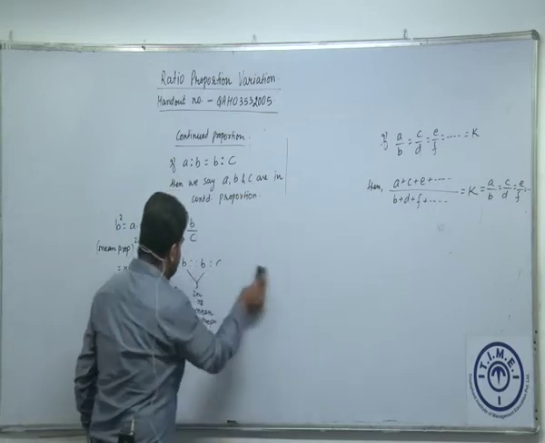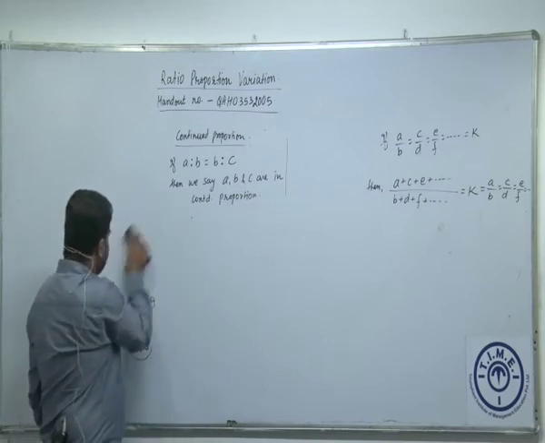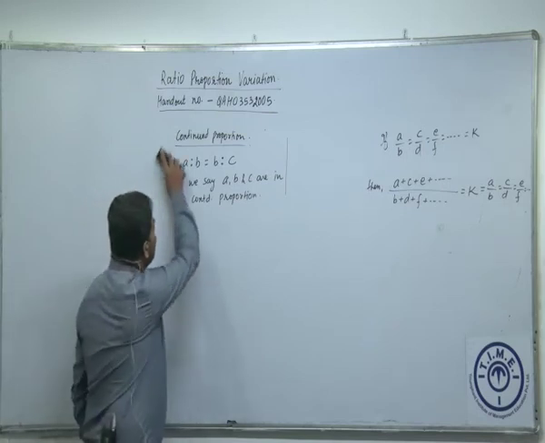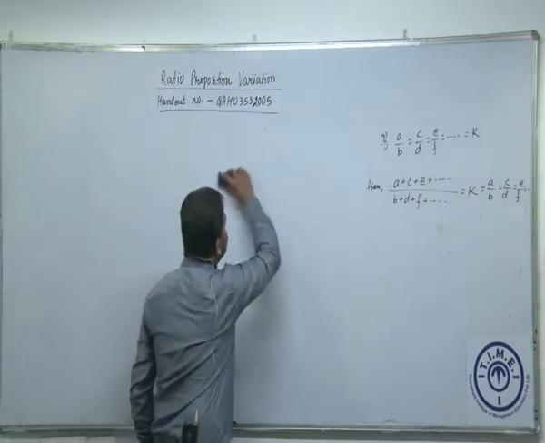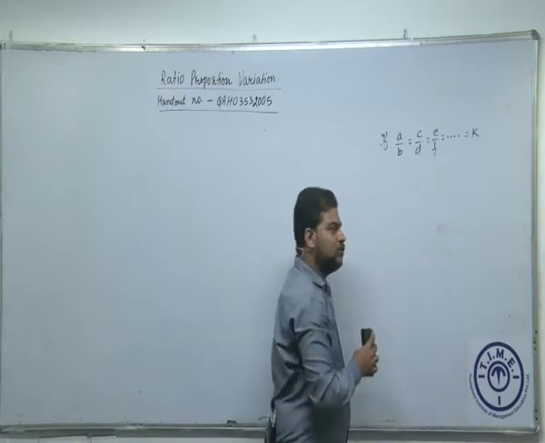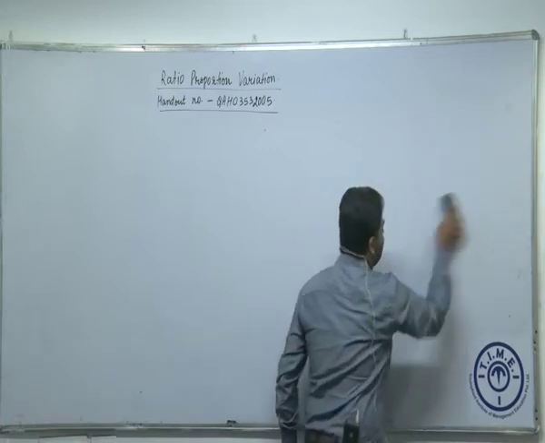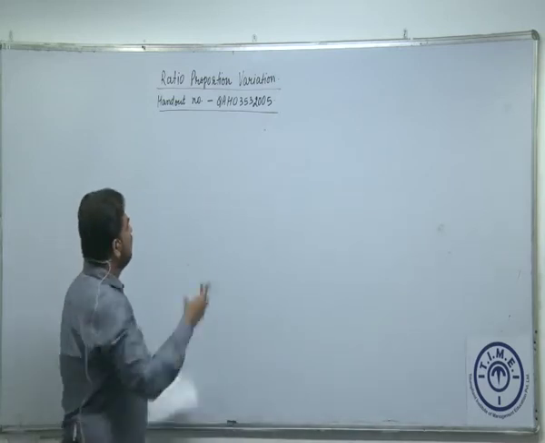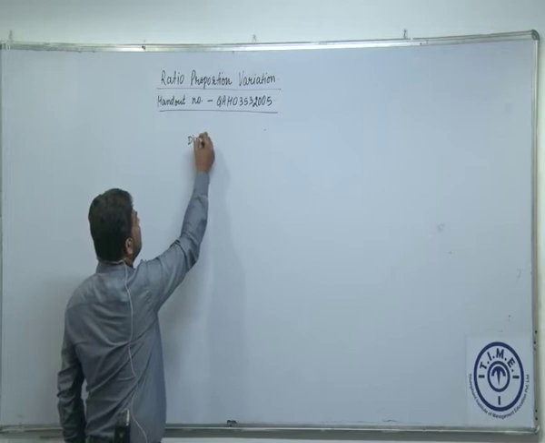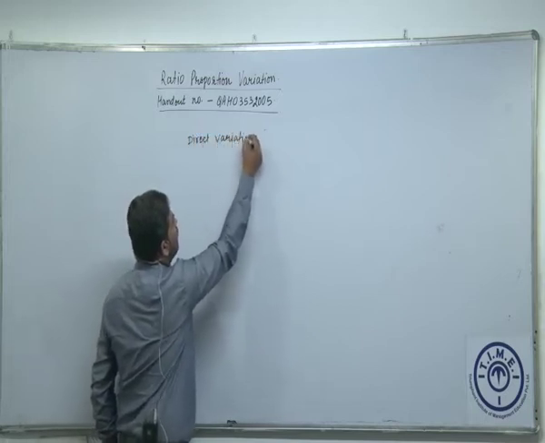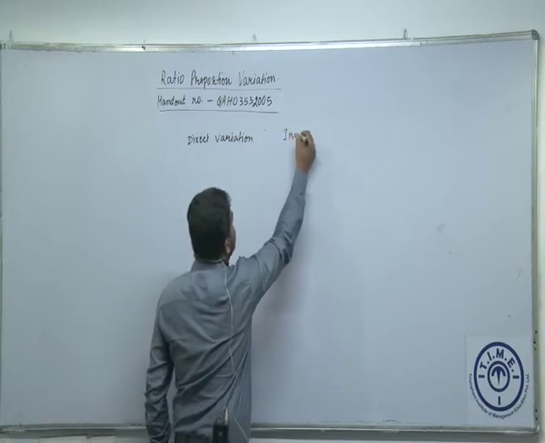So when we have variation, we have three types of variation. We have direct variation, inverse variation, and also mixed variation. Mixed variation is also known as joint variation. So we'll look at them one by one. Let's look at direct variation and inverse variation first.